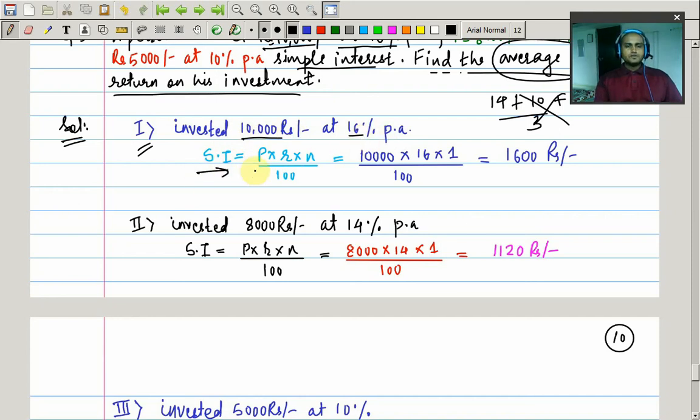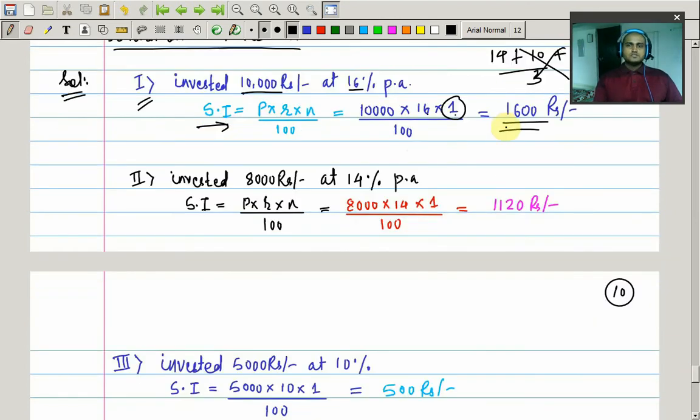So he invested 10,000 at 16% per annum. According to simple interest, what is the interest he is going to get on this investment? 10,000 into 16 into 1 upon 100. I'm keeping that for 1 year. So it comes 1600 rupees. So this is the interest on 10,000.